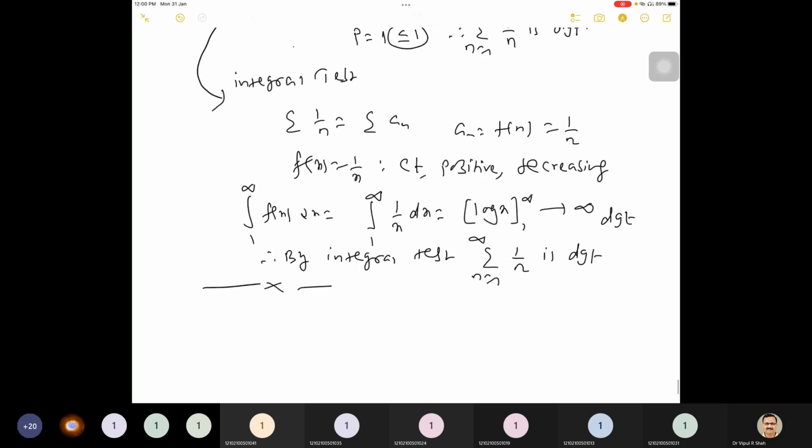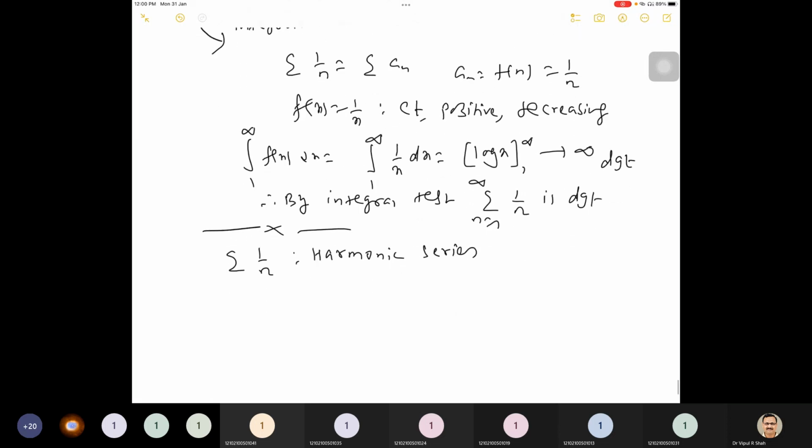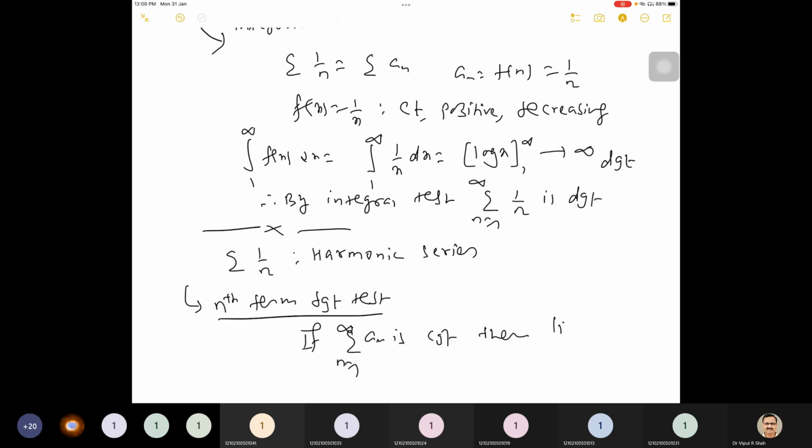What is the peculiarity of this series? This is known as the harmonic series. You know there is the nth term divergent test. That test says: if series an is convergent, then limit n tends to infinity of an is 0.